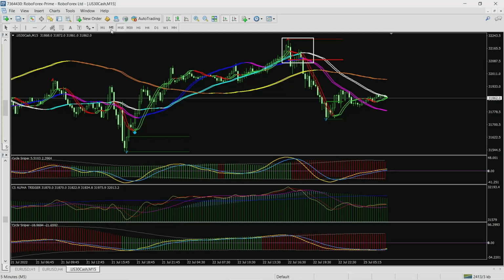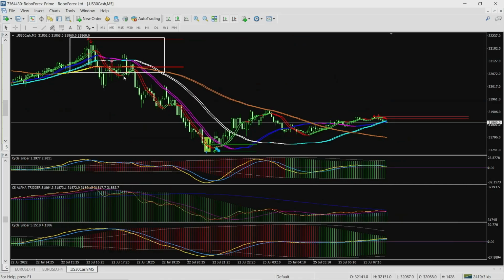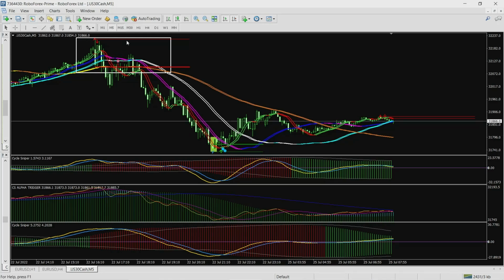But at this point, let's go back to the 5 minutes chart. As you see, both overbought, Beta Bands. So you can catch this move on the 5 minutes chart here, 15 minutes chart here.